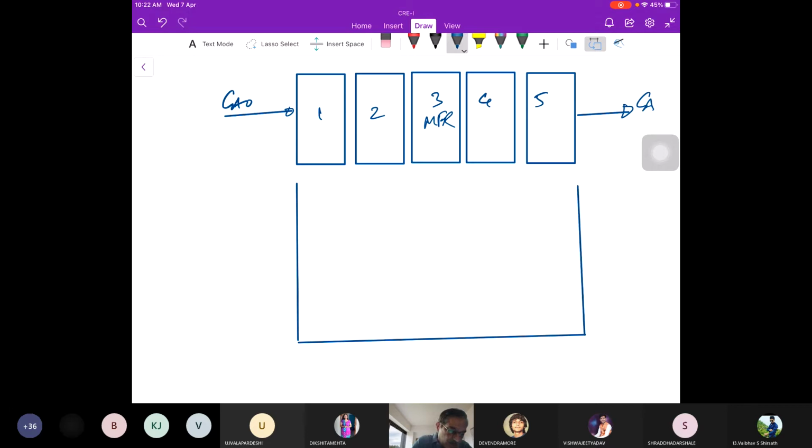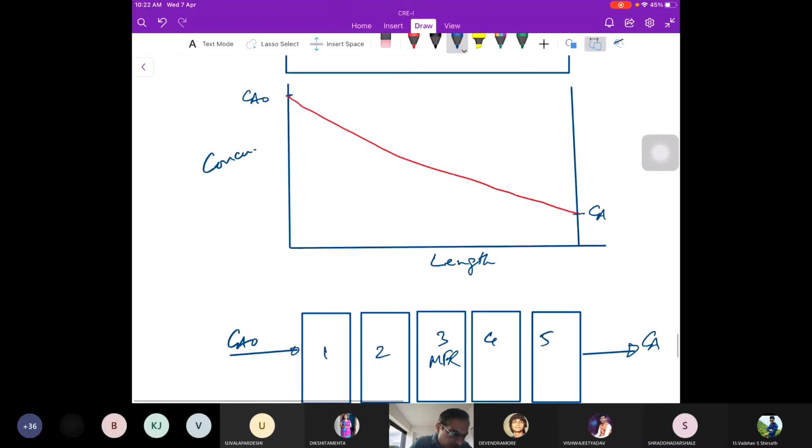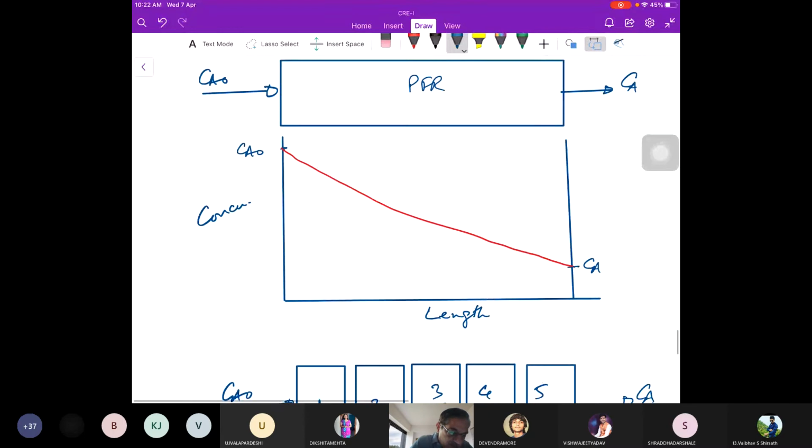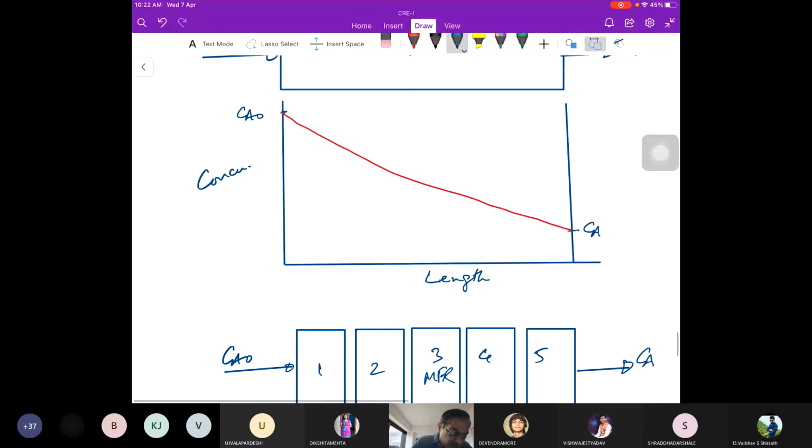Right. So in MFR, what happens? Suppose this is CA naught. Or maybe I should draw it here instead of that. Okay, suppose I take CA naught here, at the end of CA1, this side.